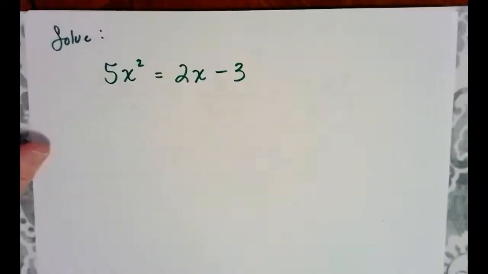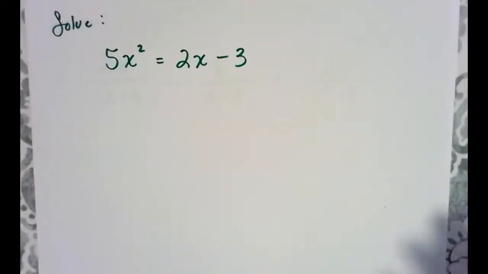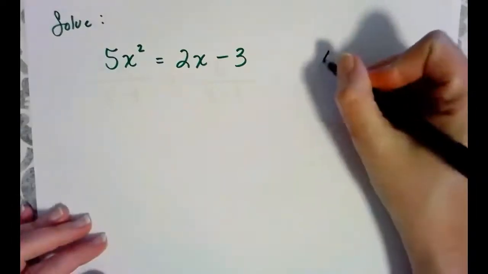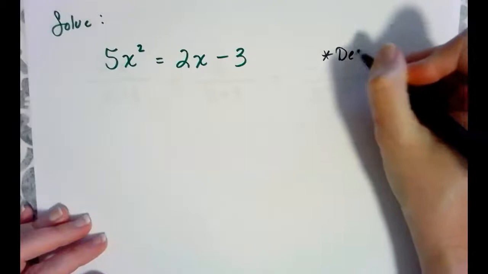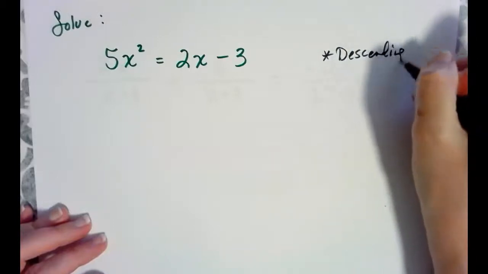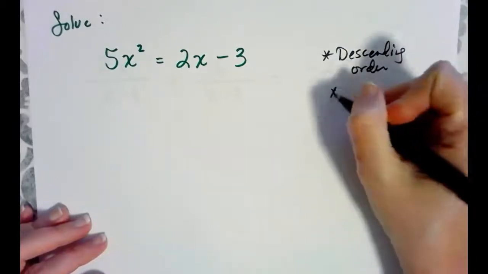Solve. 5x squared equals 2x minus 3. The first thing we need to do is put it in descending order and set equal to 0.